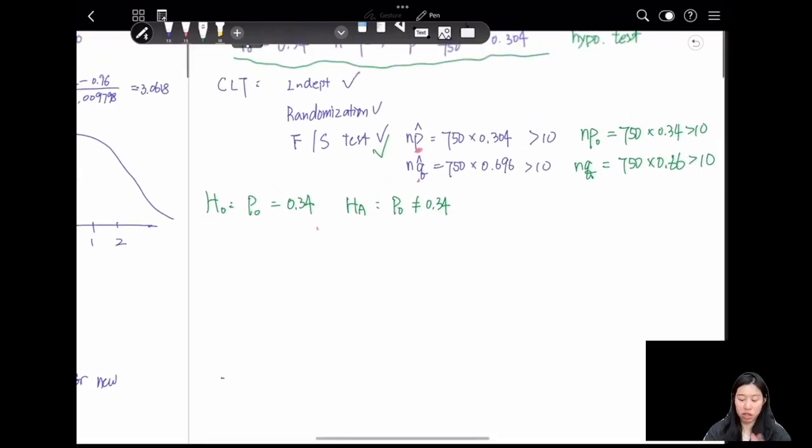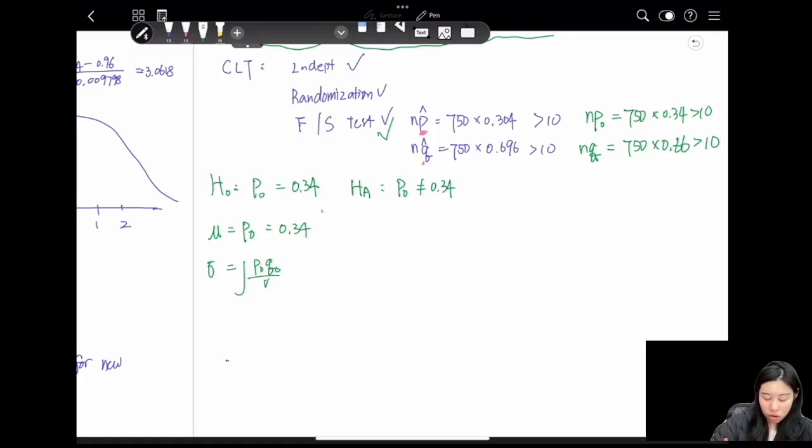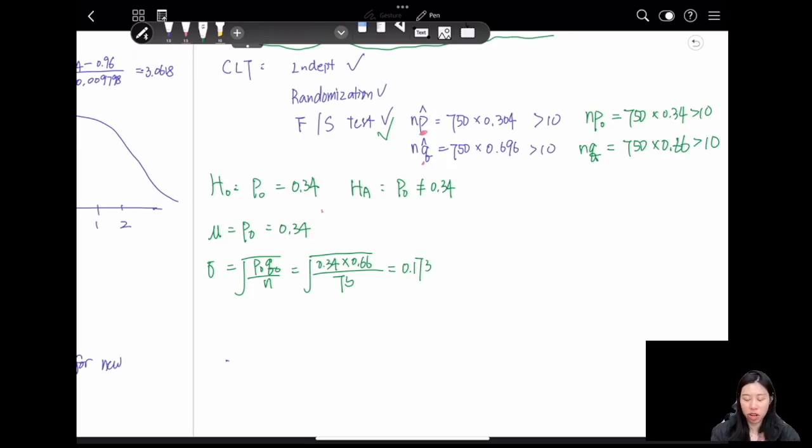Again, we just test the central limit theorem. The next step is we construct that sample proportion. So mu is equal to p naught, which is 0.34, and sigma equals the square root of p naught q naught over n, divided by 750. So this equals 0.173.